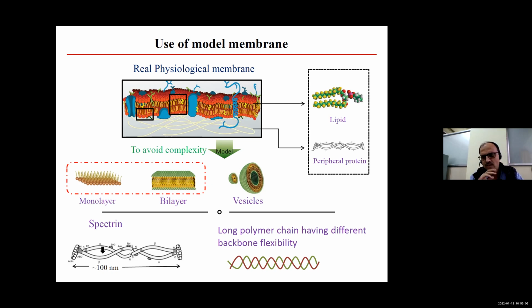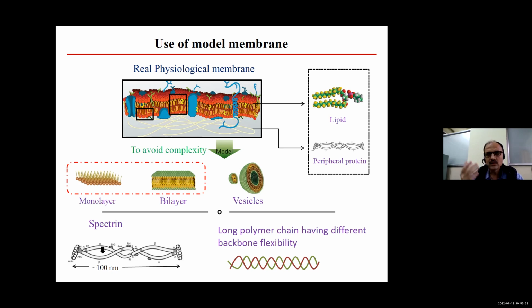So here, what I have done is taken two kinds of lipids, which I'll explain, and then a peripheral protein, which is spectrin. So one molecule is the spectrin protein molecule, and another is my lipid, which is DPPC or DMPC or DPP or DMP.